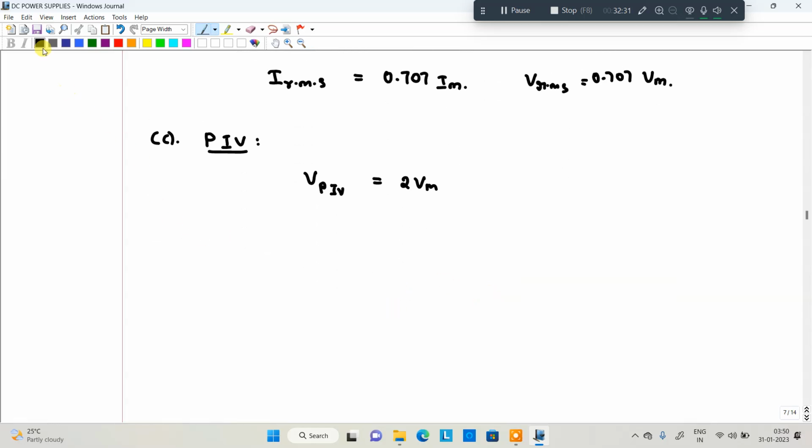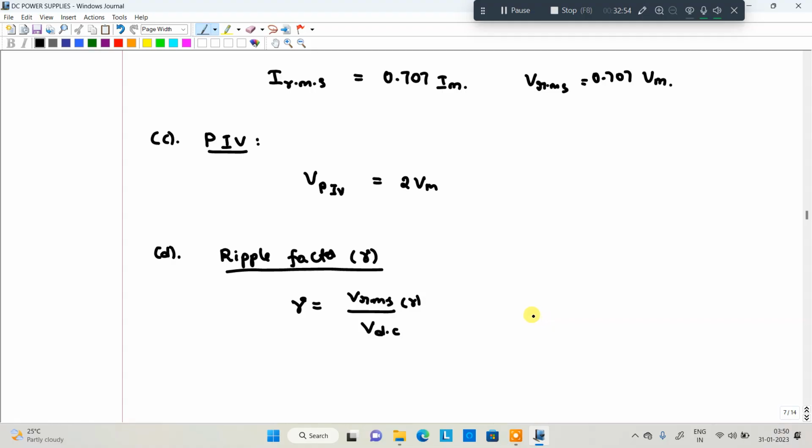Coming to the ripple factor, which is represented by gamma. Ripple factor gamma is equal to VRMS divided by VDC. You know that. So what about the VRMS? 0.305 Vm by 0.636 Vm. Vm gets cancelled. You will get 0.482.